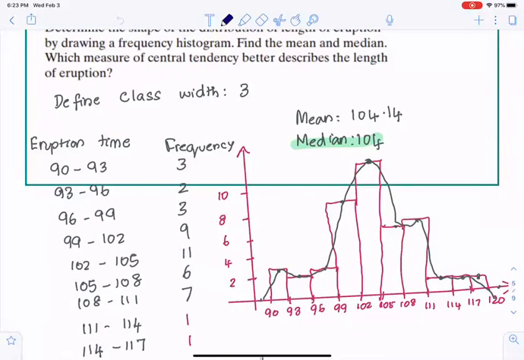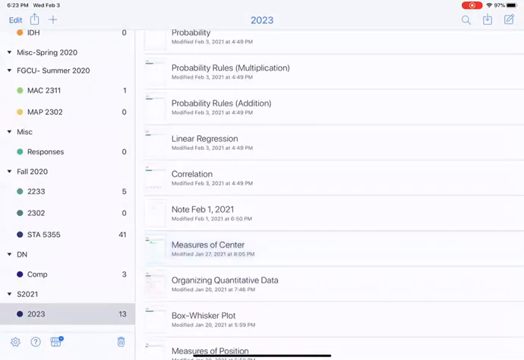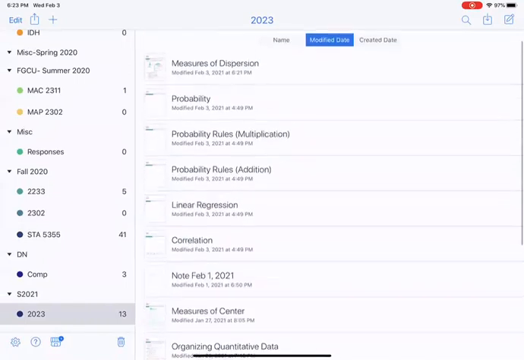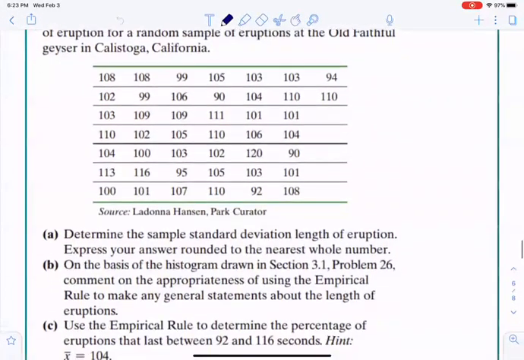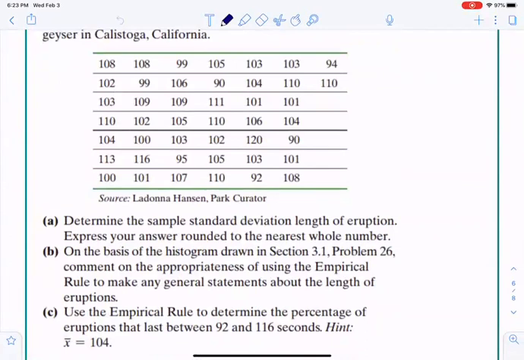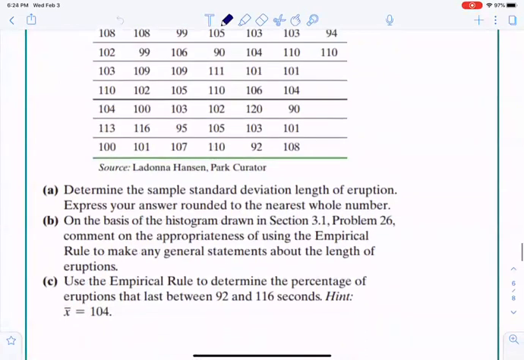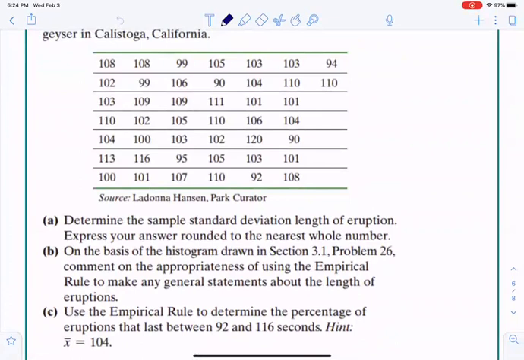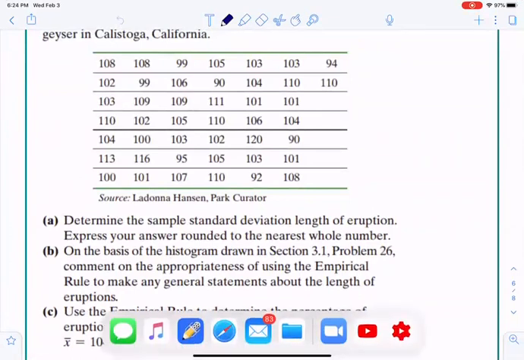So the problem now wants to find the sample standard deviation, and we could simply use the calculator to come up with an answer.